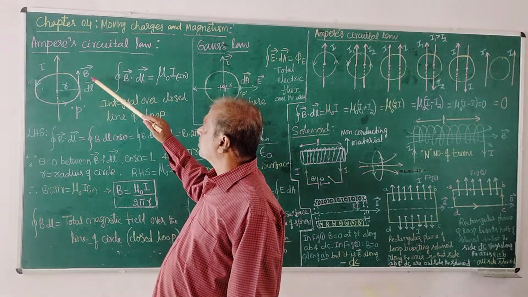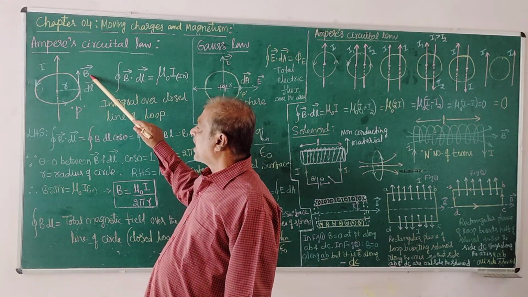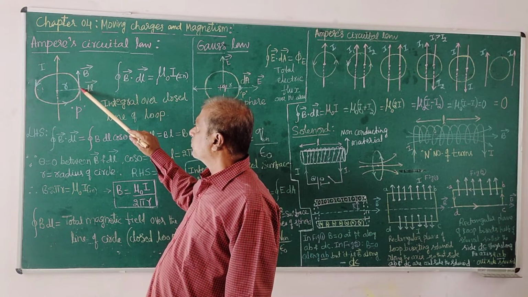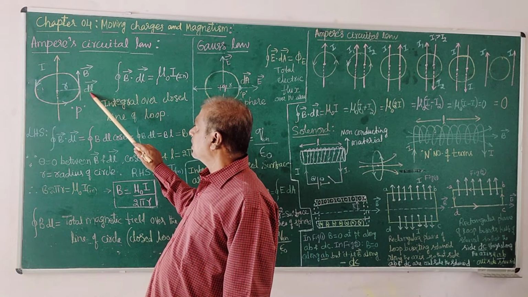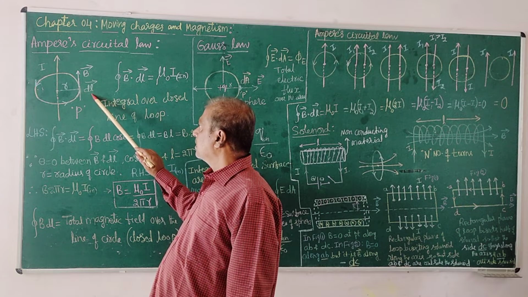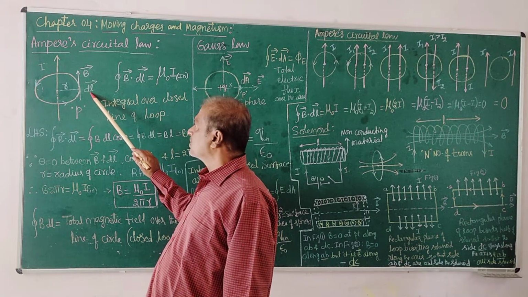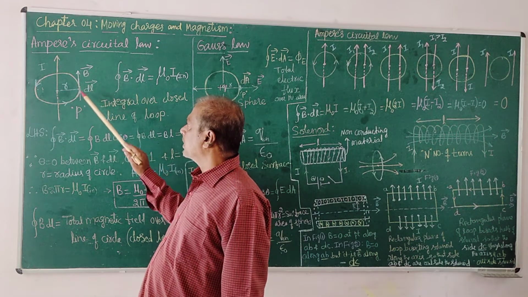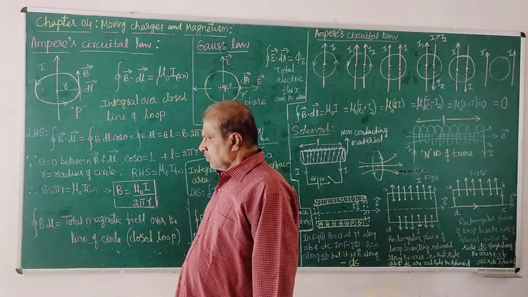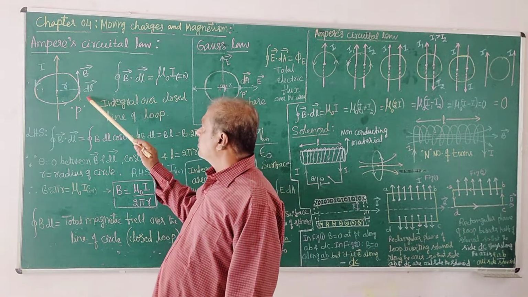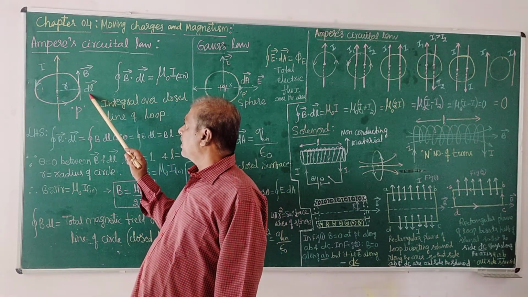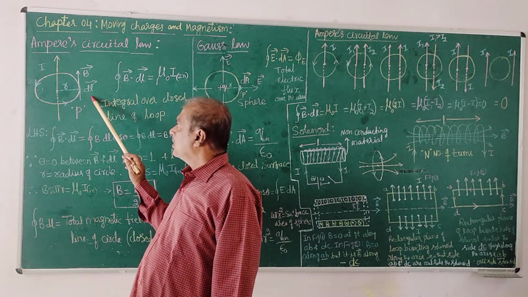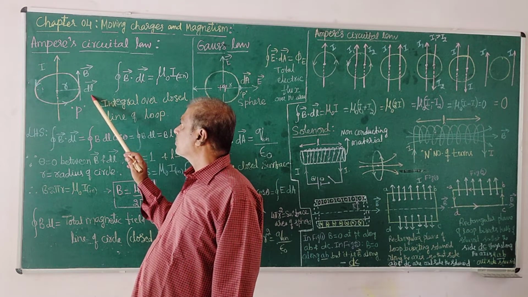One is B, the magnetic field, which is a vector, and also dl is a vector. What is dl? dl is a differential function. L stands for length of the line. dl means infinitesimal length. It is also called the element of length.